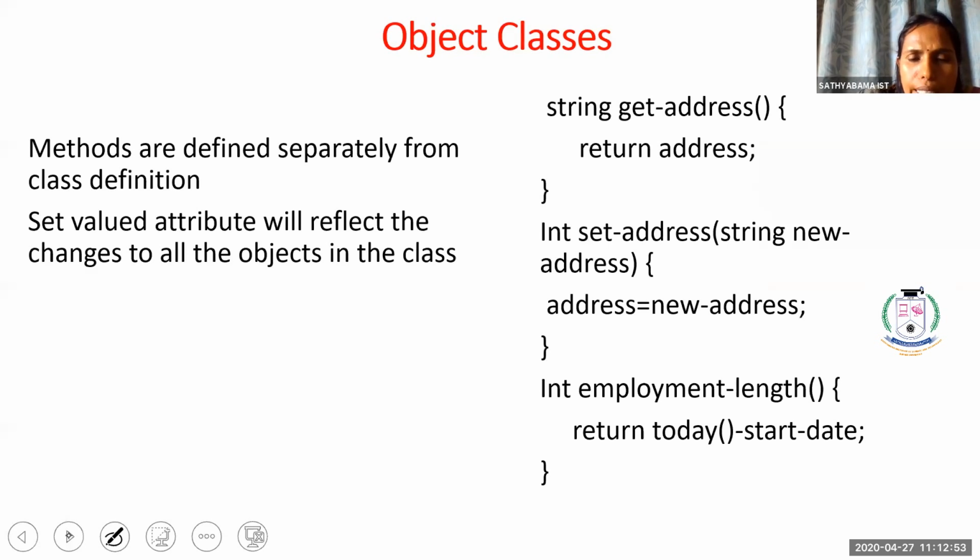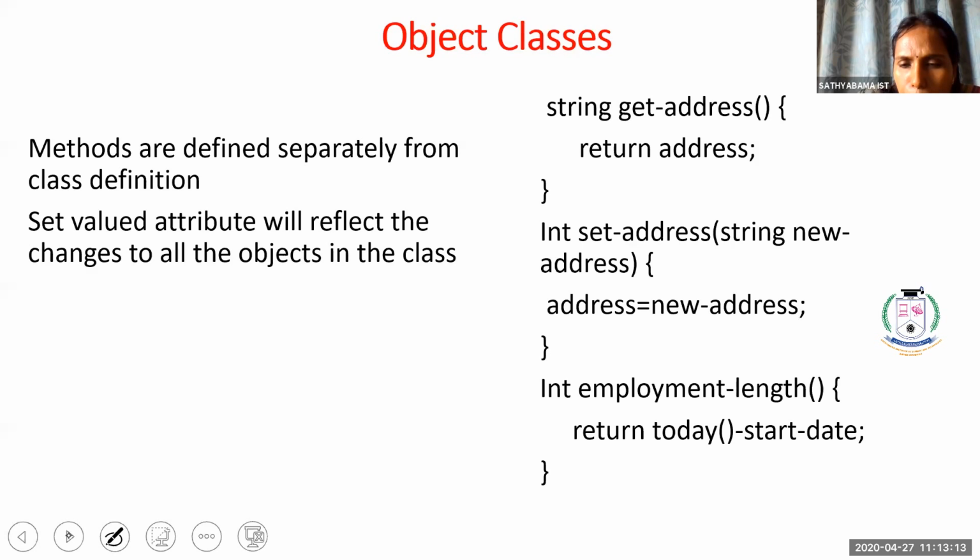Okay, so outside the class, we are implementing these two methods, that is get address, which after performing returns the address also, and set address. It has some parameters, and the new address can be read from the user and stored back into the variable address.